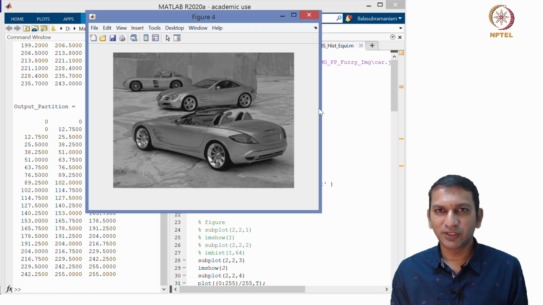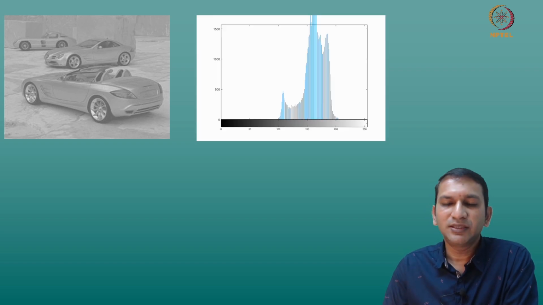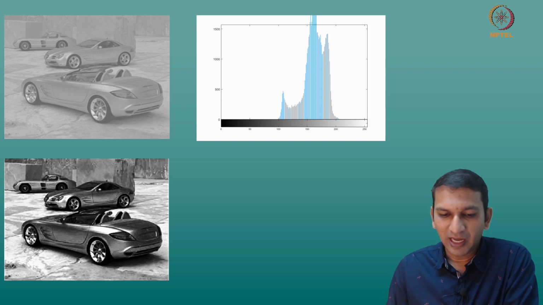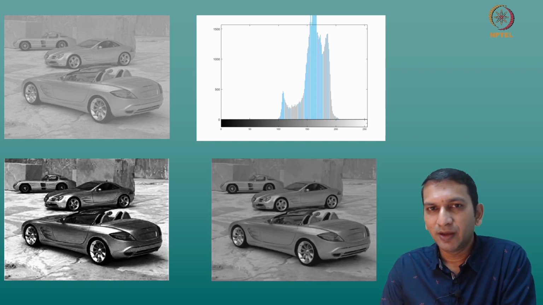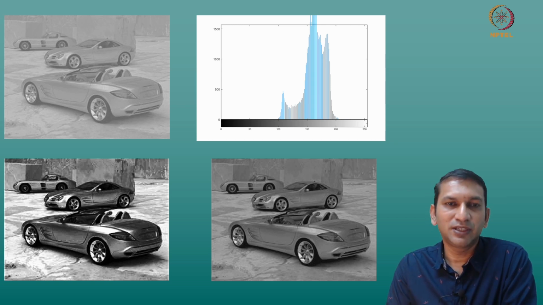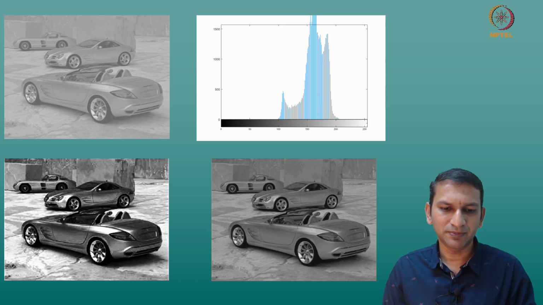Let's look at each of these figures in comparison, also along with their histograms of pixel intensities. Well, this is the image that we began with, and we know this is the corresponding histogram of pixel intensity. The histogram equalized image is given in the bottom left, and this is the image we obtain when we apply the Mamdani fuzzy inference system that we have built, wherein we have only taken the qualitative nature of the transformation that we want, that is essentially monotonic, and we wanted to expand the dynamic range of the image.